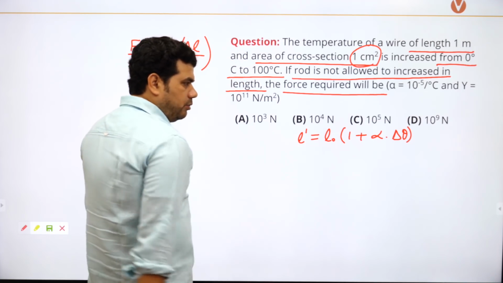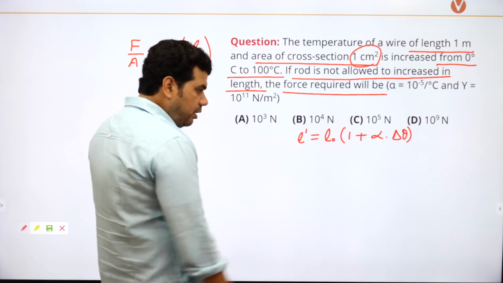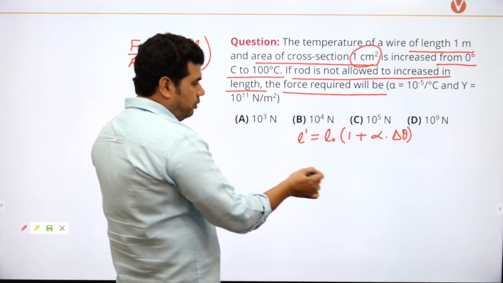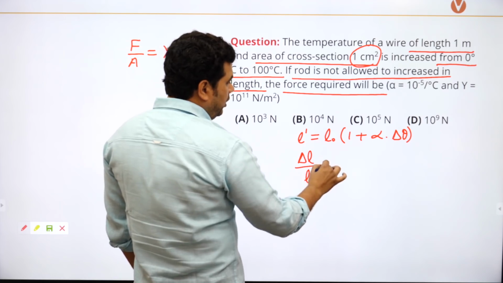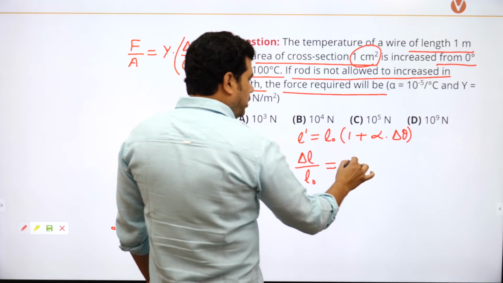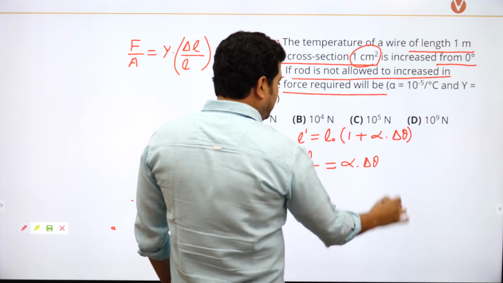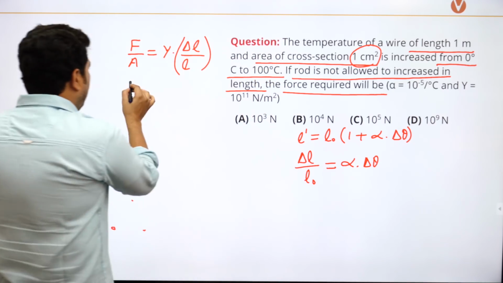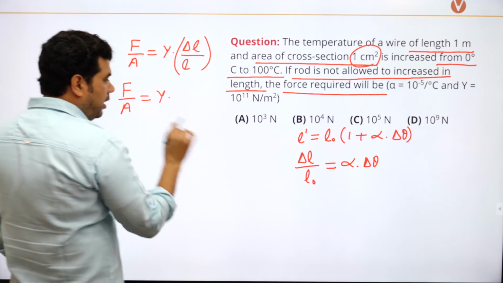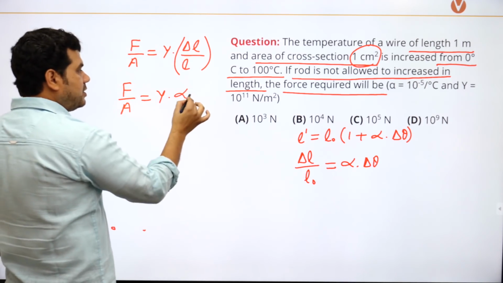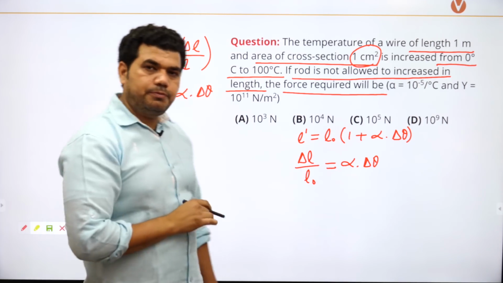I am not doing that much calculation here. We already showed that delta L upon L naught is equal to alpha delta theta. So F upon A is equal to Y into alpha into delta theta.